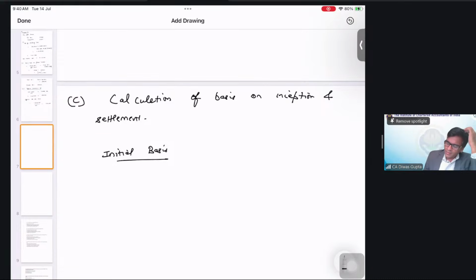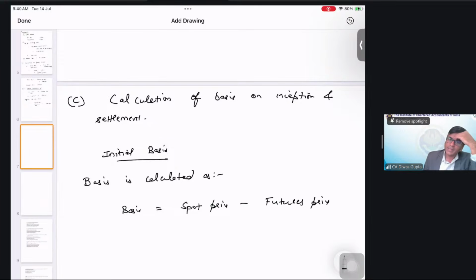So initial basis is calculated as spot price minus futures price, which is effectively 2,20,000 minus 2,28,000, which was the initial value, right?